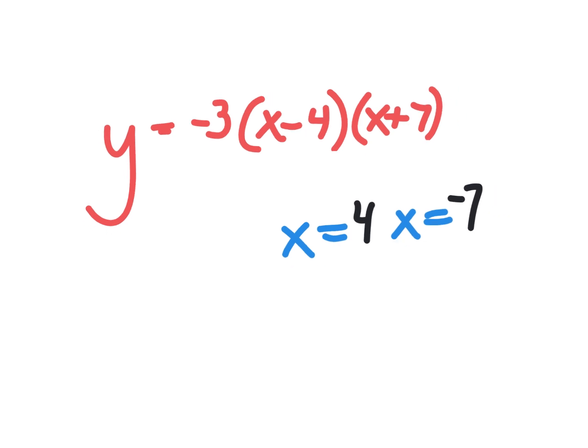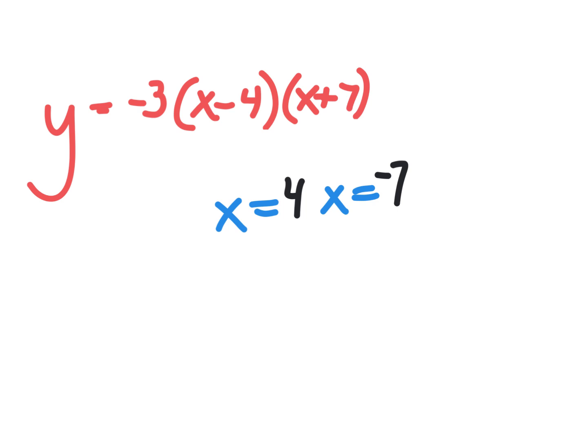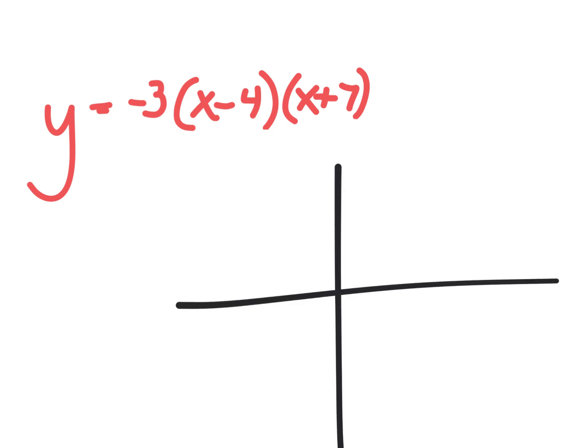Okay, next thing is, could you sketch this for me? I want to make sure you remember what this looks like. I don't need exact, I just need a sketch. I know you don't know the vertex, and you'd have to use complete the square, which would take forever.